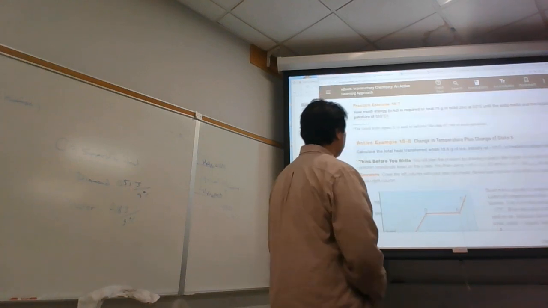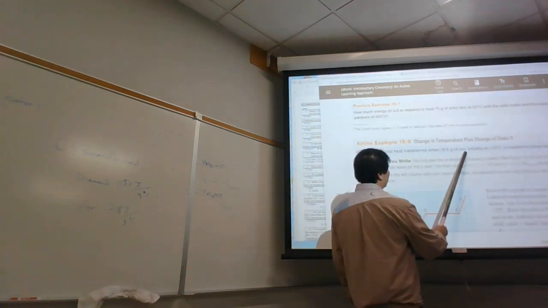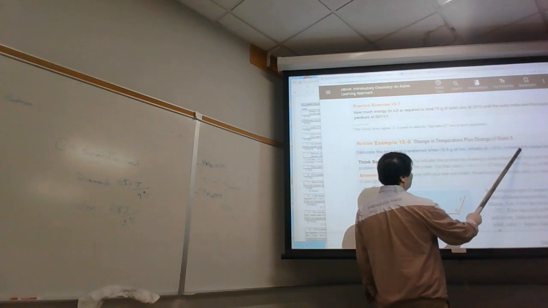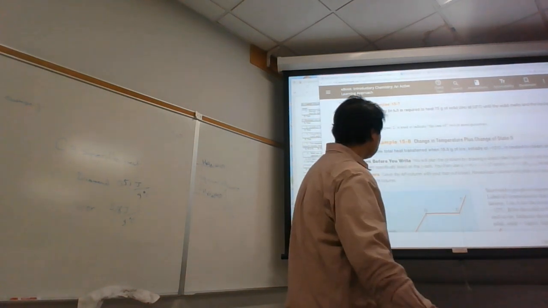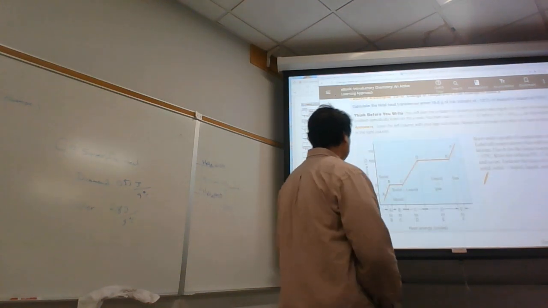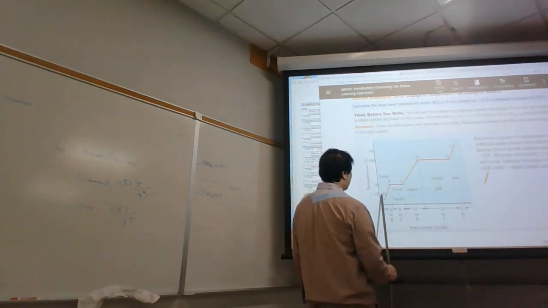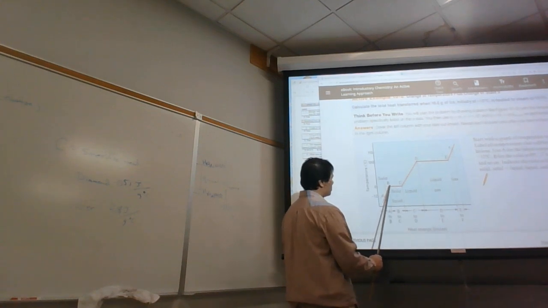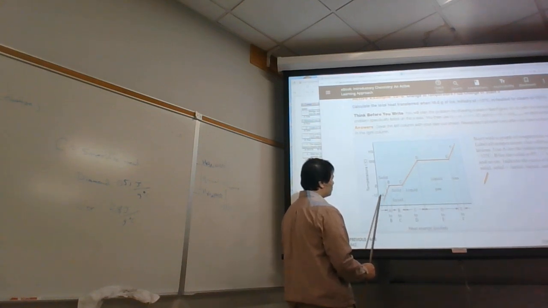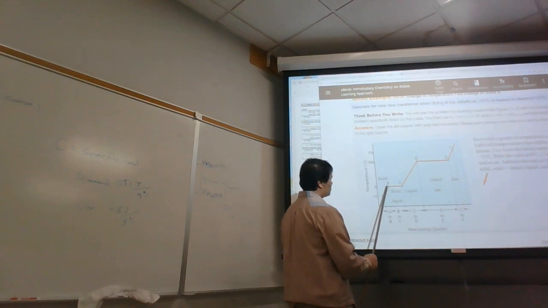Okay, calculate the total heat transfer with 19.6 grams of ice at minus 12 degrees C heated to steam at 115 degrees C. So we have ice here at minus 12 degrees C. And we're going to warm the ice first to 0. That's when it's going to start to melt. And so the first part is warming it from minus 12 to 0.